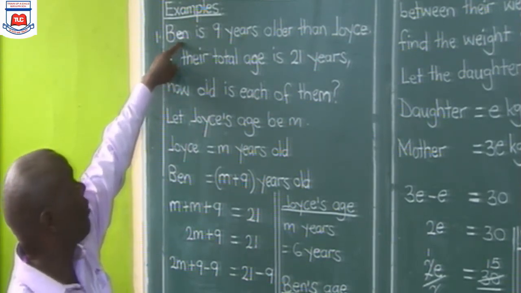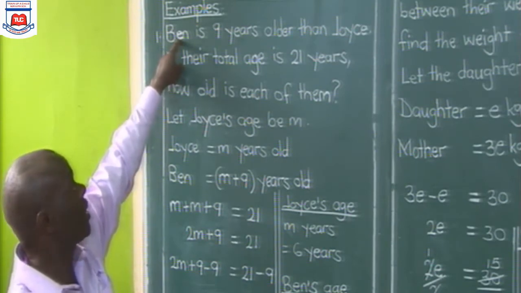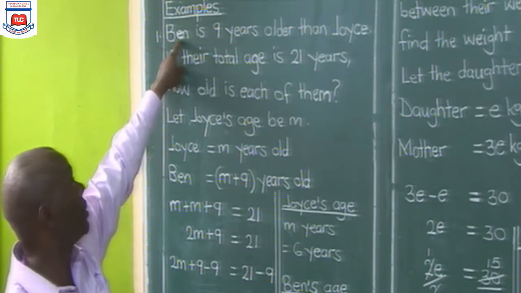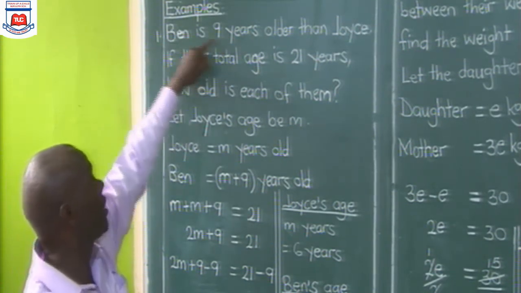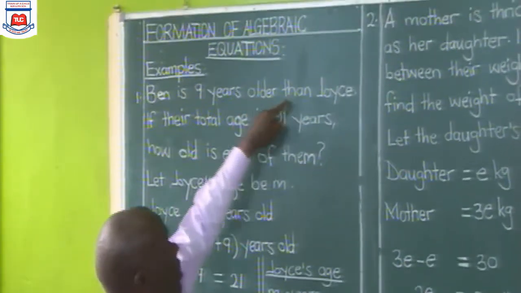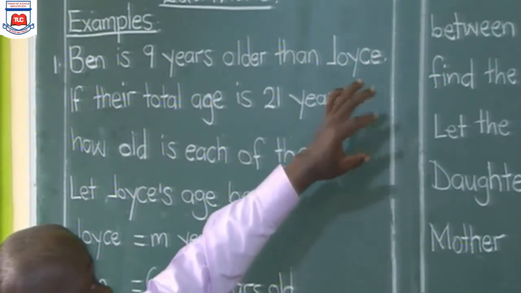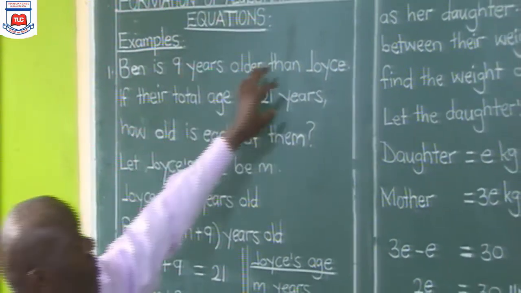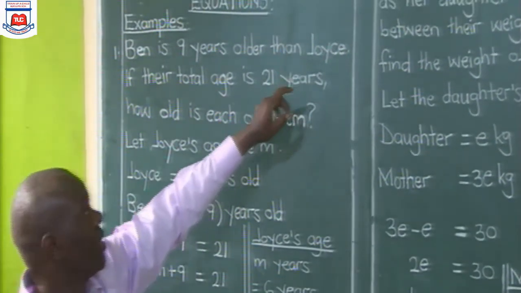You read the first statement because it matters a lot, and interpret it in 2 versions like we are going to do today. The first statement reads, Ben is 9 years older than Joyce. In English, they will say, rewrite this statement beginning with Joyce without necessarily changing the meaning.